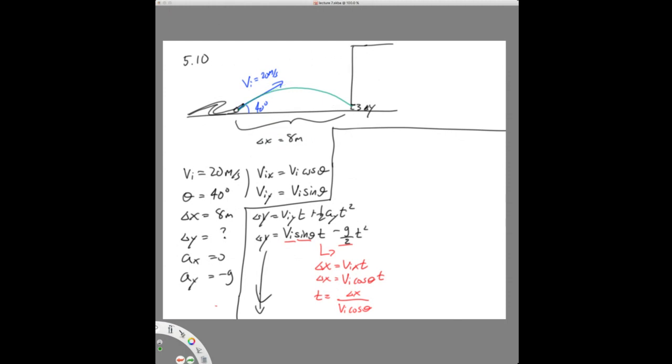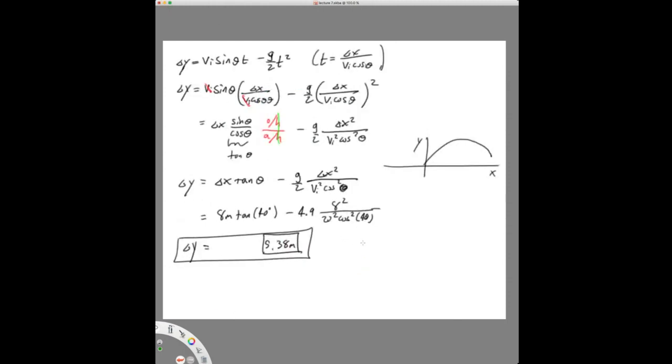And if I tried to say that tangent of 40 equals delta y over delta x, I would get delta y equals 6.7 meters. So I would be off by not so much that I knew it was wrong, but I would still be off.